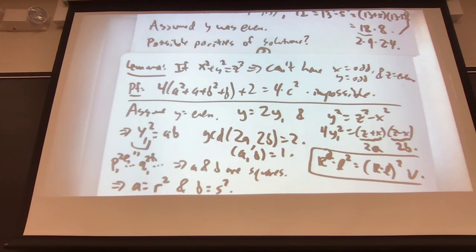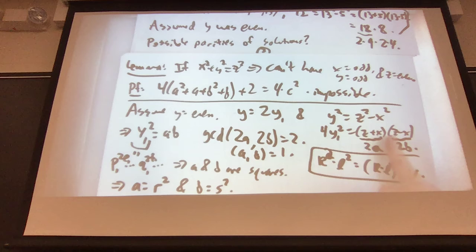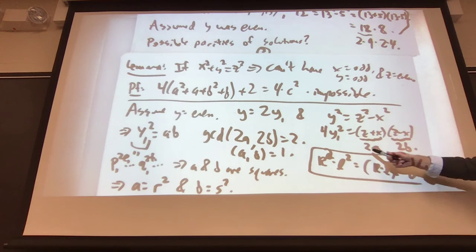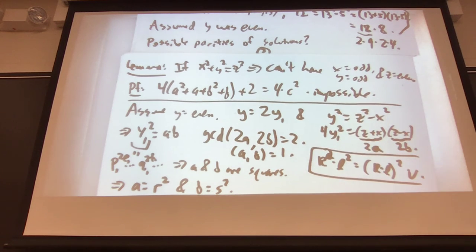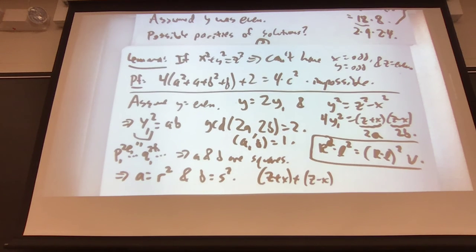So if a is r squared and b is s squared, what do we know about right here? Remember, z plus x was 2a and z minus x is 2b. So z plus x plus z minus x, this was 2a and this was 2b.